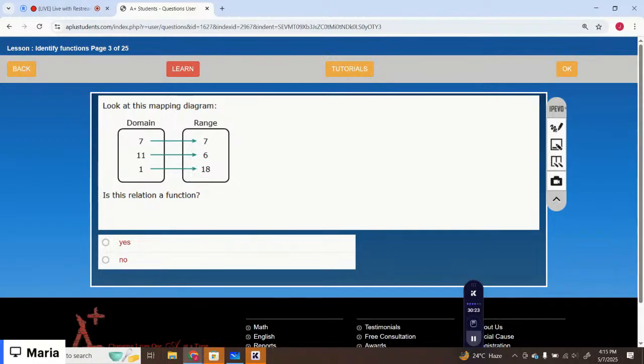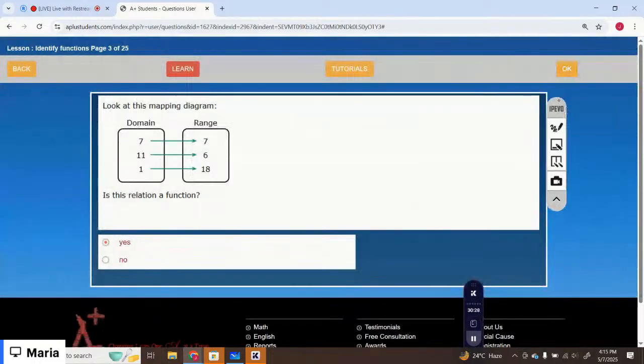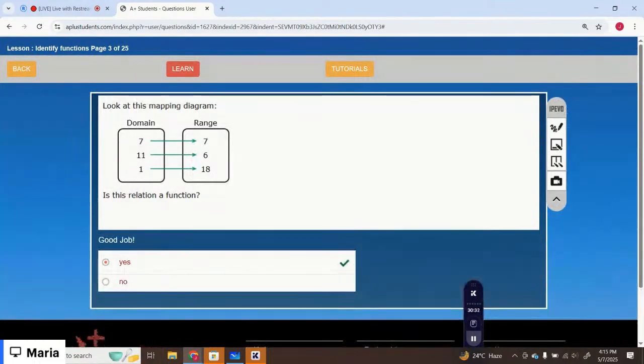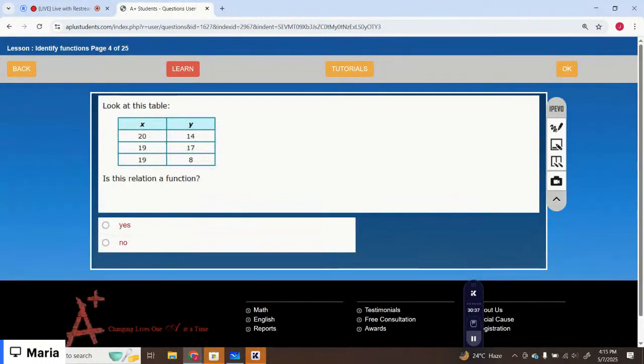So yes, the relation is a function. Look at this table. Is this relation a function? No, the relation is not a function. The correct option is no.